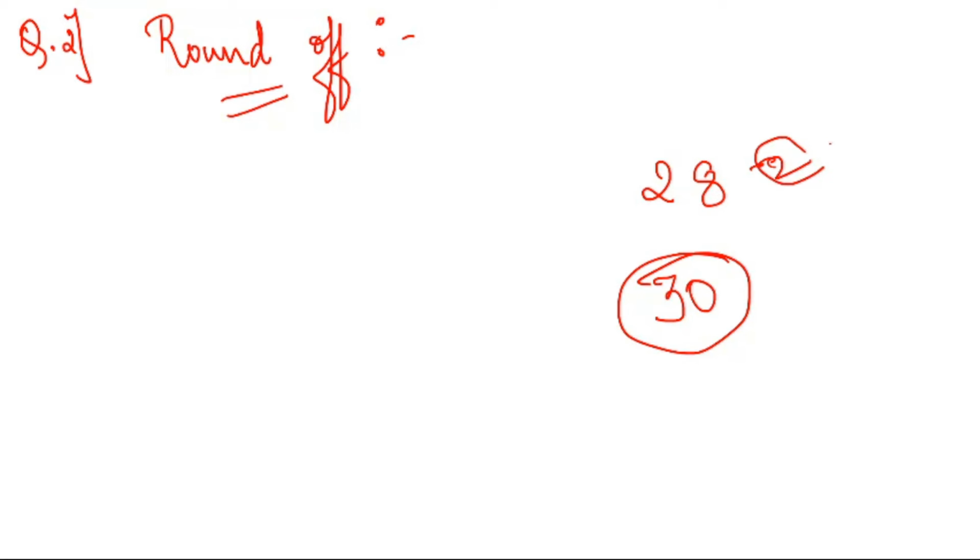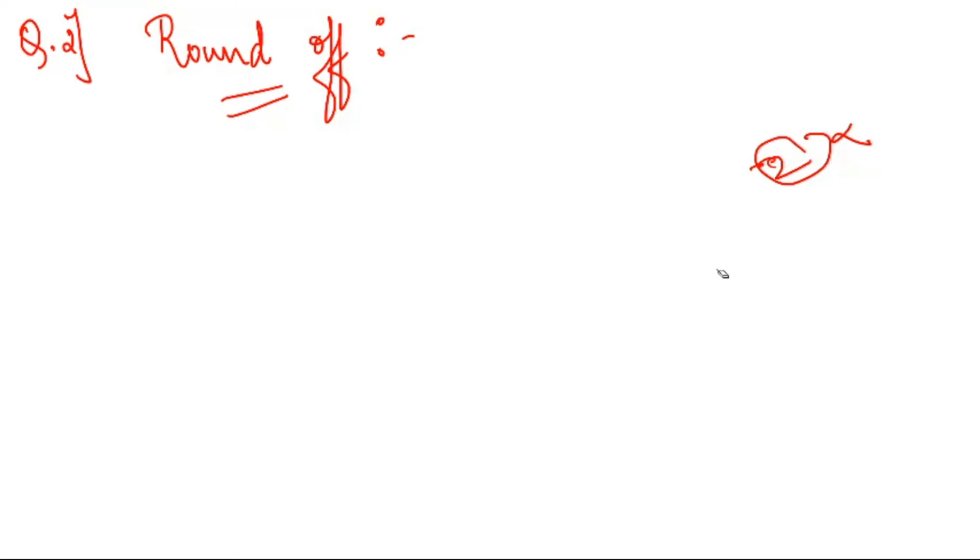राउंड ऑफ में हमारे पास क्या टेक्निक है कि if the number in place of tens, ones, tens, hundred or thousand, whatever may be the place.